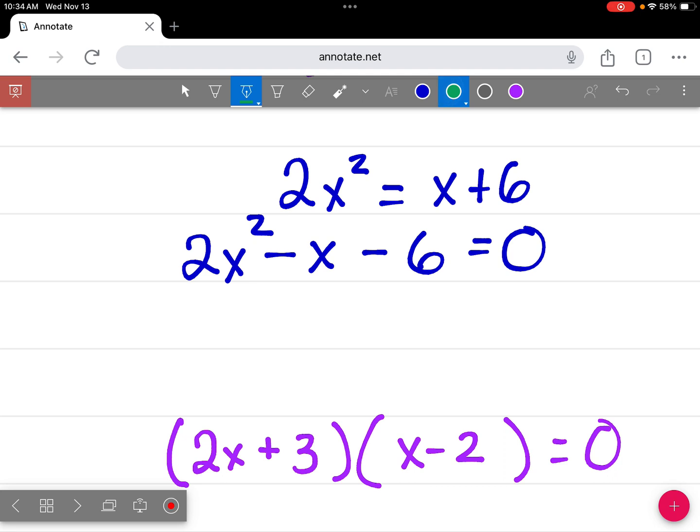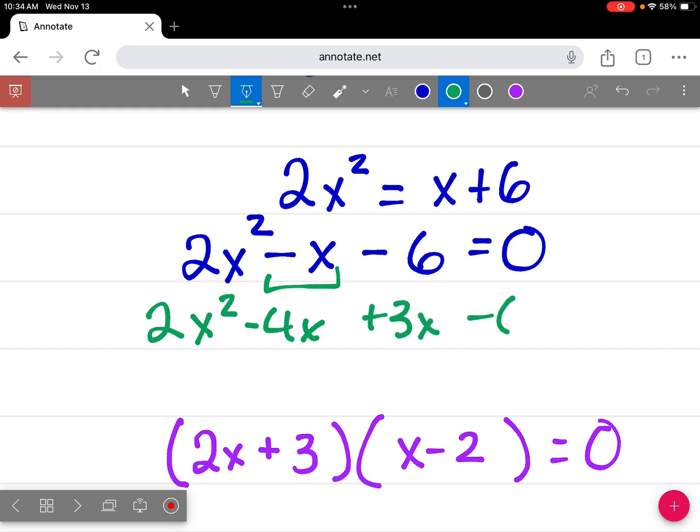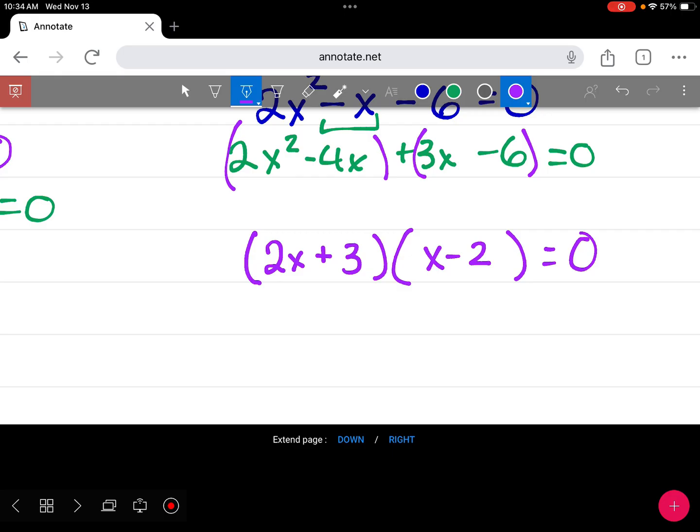Most of us caught that this is going to split into our minus 4x and our plus 3x. Make sure when you're factoring, we pay attention to that. So this needs to be our minus 4x plus 3x minus 6. You can do it factoring by grouping, totally fine. Break it into pairs, pull your GCFs. You can put it through the box, whatever method you choose. But when we have an a value, slow down. What are our solutions going to be? X equals 2 and x equals negative 3 halves.